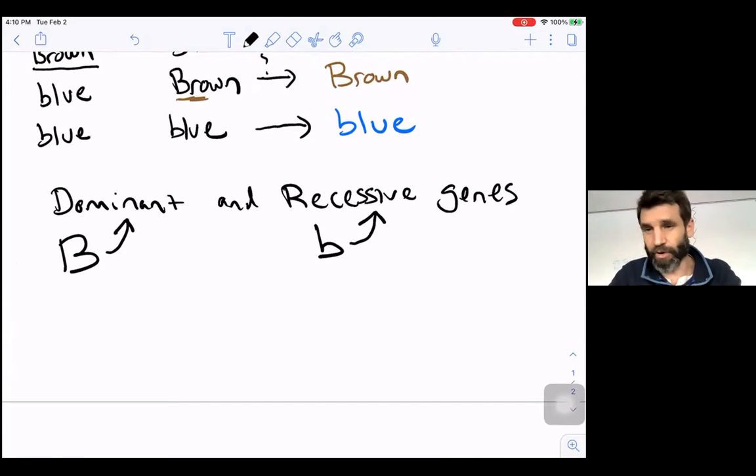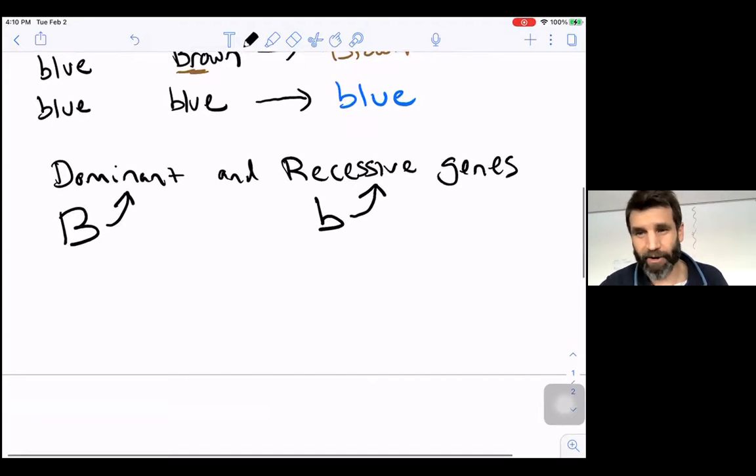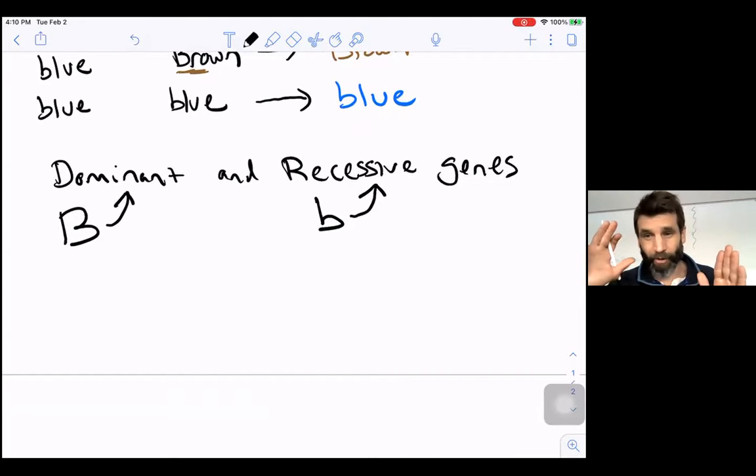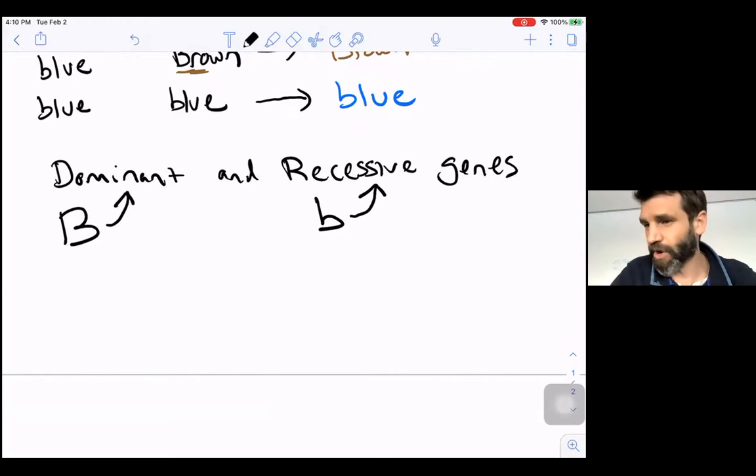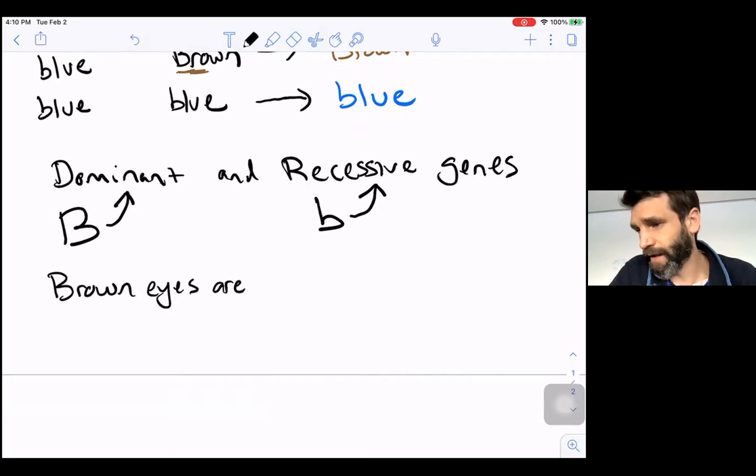So you as an individual for this trait, and remember, we're oversimplifying a little bit here, but just imagine we're living in a world where there's only brown eyes or blue eyes, and it's a single gene, and brown eyes are dominant to blue.